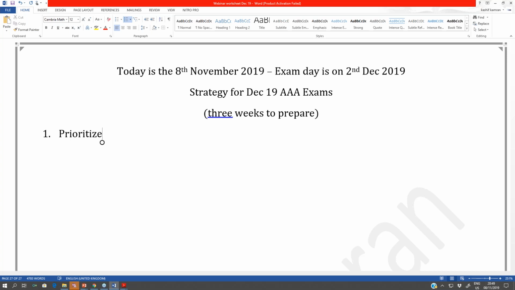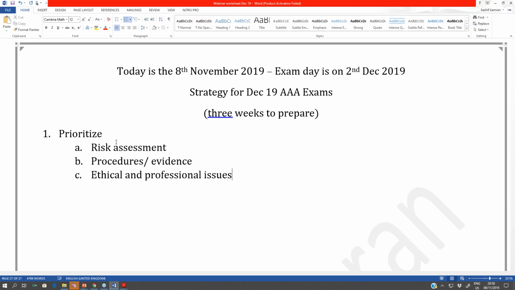What should be your priorities in the next 3 weeks? Now, please understand one thing, that your priorities have to be risk assessment, your priorities have to be procedures and evidence, your priorities have to be ethical and professional issues, including the quality control issues.